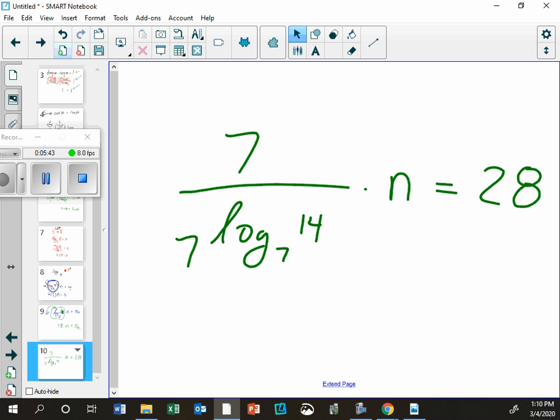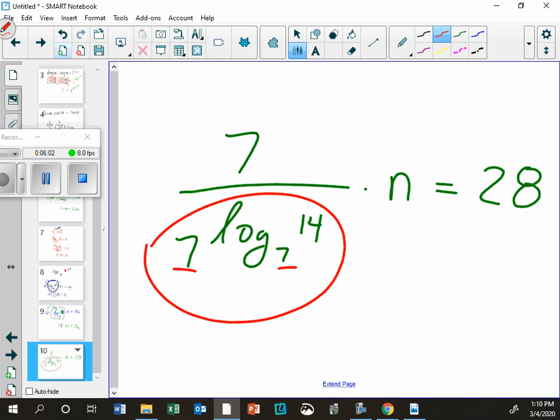What's the whole point of today? Simplifying logs down. Do you remember this one? Bases are the same. So the answer's already there. So what's the answer? That's 14. All of that is just 14.